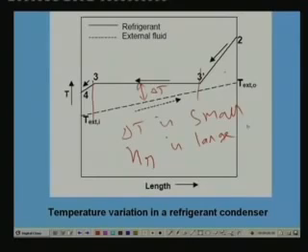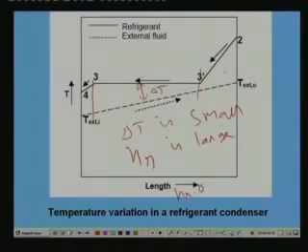So, to summarize, during the desuperheating phase delta T is large and HR is small, and during condensation delta T is small and HR is large. So, finally, if you calculate, you will find that the product HR into delta T is almost the same for condensing as well as desuperheating zones.